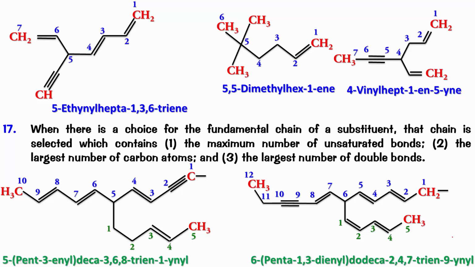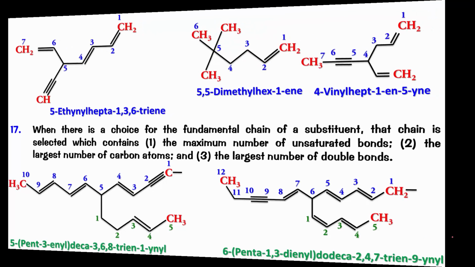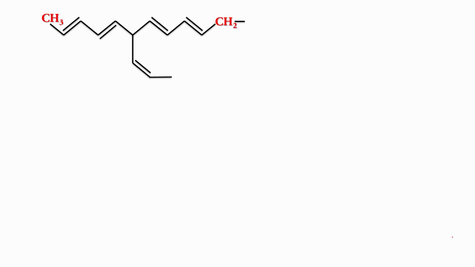And a couple more examples of this, so that we can get used to this. Again, remember, this entire thing is a branch. You're going to find the parent chain of the branch. So please name it, pause the video and check for yourself. Parent chain 1, 2, 3, 4, 5, 6, 7, 8, 9, 10, 11. It's undeca.